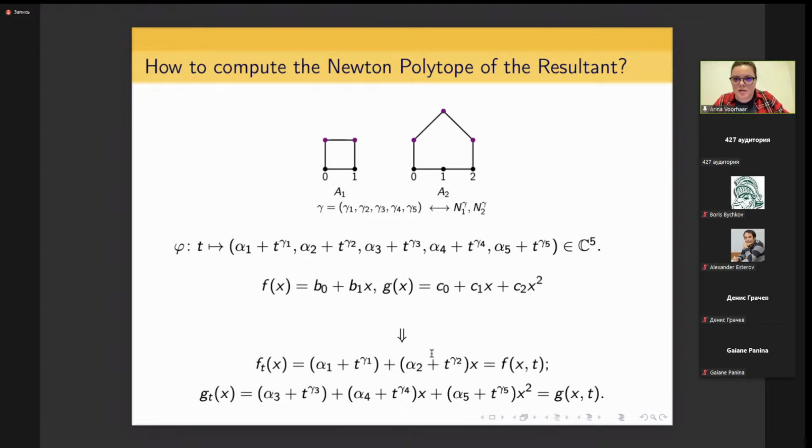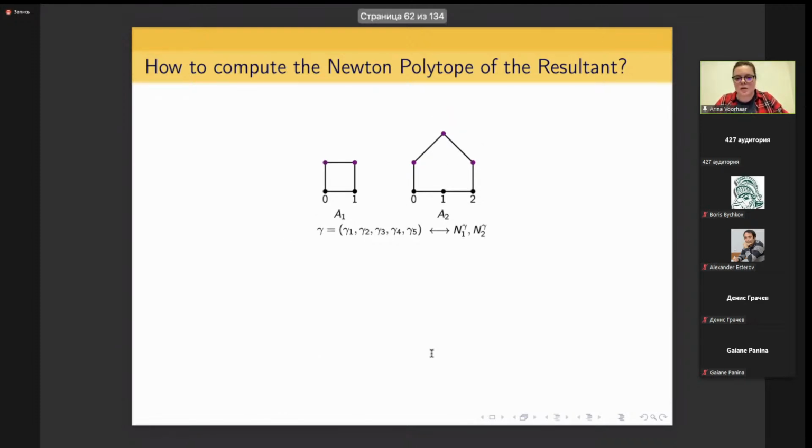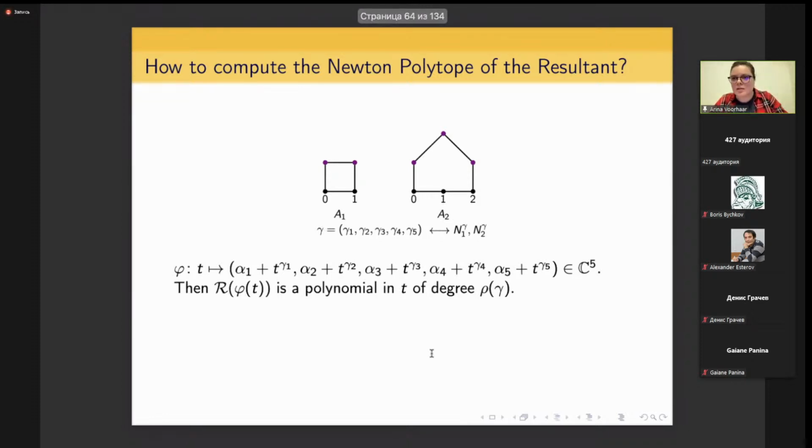So then the next step is as follows. When I took my curve and plugged it into the resultant, I got a polynomial in t, and it's quite easy to understand, and I hope I can leave it as an exercise for the audience, which can be done by an explicit computation, that this polynomial will have the degree which is exactly the sought value of the support function rho on the covector gamma.